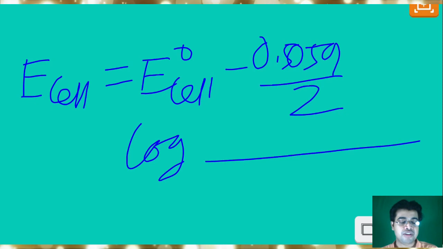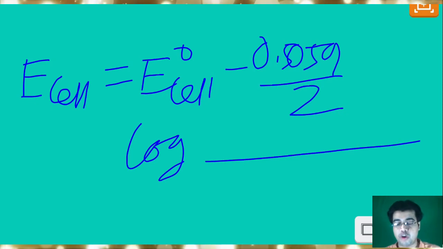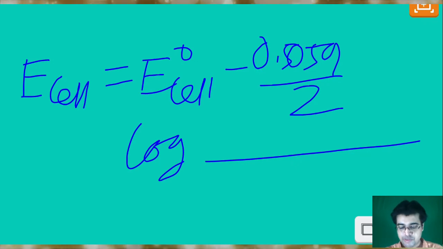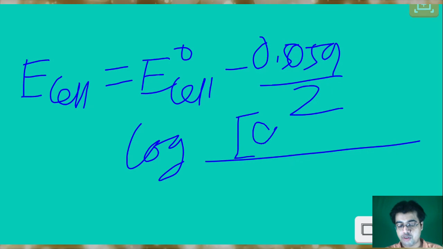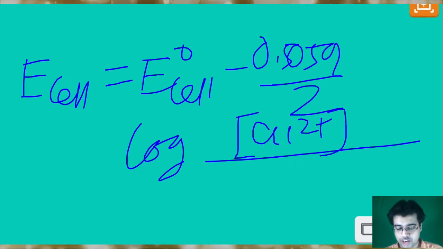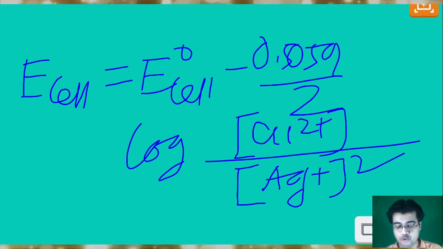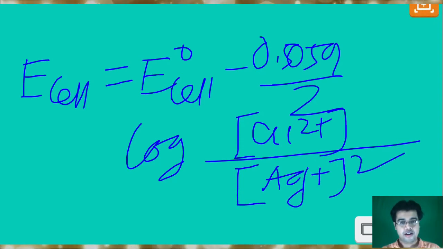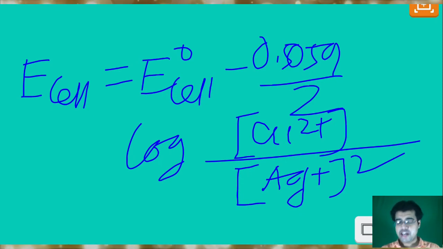In the reaction there are two products: one was Cu2+, another was silver, but you have to write down only Cu2+, because generally the concentration of the pure metal, that means Ag, is taken as 1. So it will be the concentration of Cu2+ divided by the concentration of Ag+, but in case of Ag+ it will be squared, because the coefficient of Ag+ was 2. That's why here it will be 2.